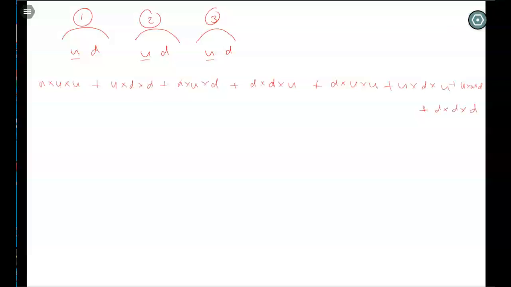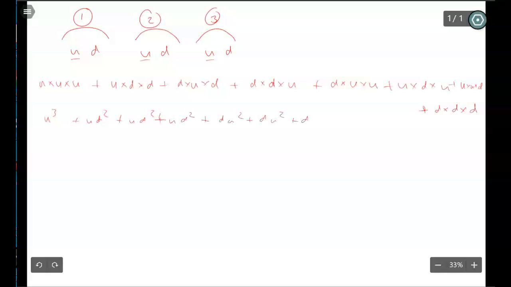Now, doesn't what I wrote kind of look like multiplication and addition? What if I simplified this and I used exponents? So u cubed plus u d squared plus u d squared plus u d squared plus d u squared plus d u squared plus d u squared plus d cubed.